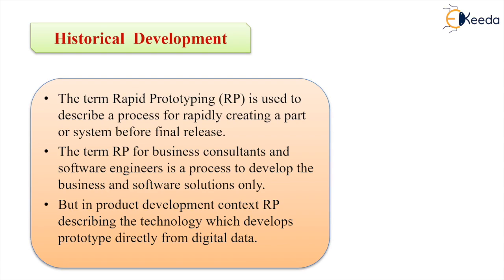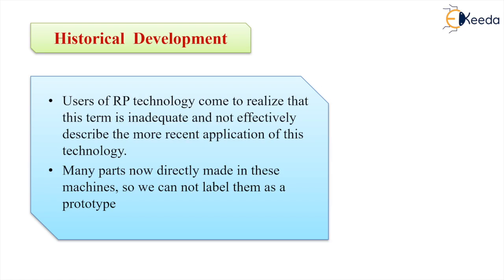Okay, so the basic principle of this technology is that they all fabricate parts using the additive approach. So in these RP machines, the basic principle is that the parts are made by using the additive approach. So material is added here, material is not removed. We will see how it is added, but we are talking about the development of this topic, additive manufacturing.